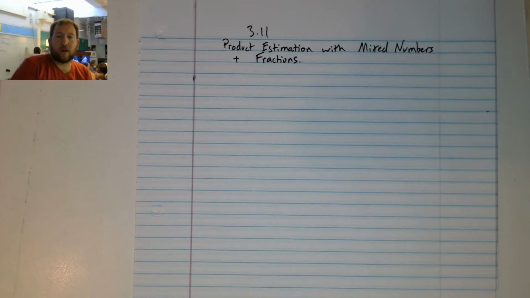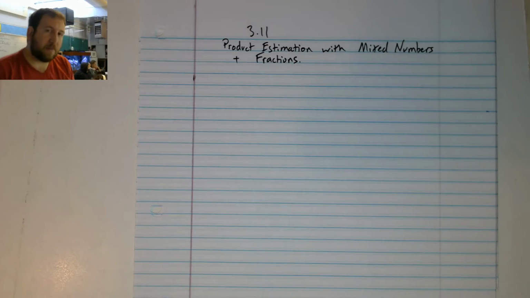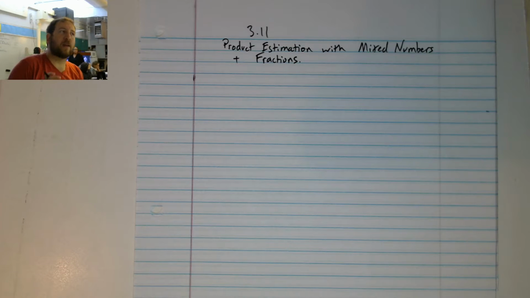All right, so this one is similar to our previous episode where we did fraction multiplication, except we're going to be combining our style of estimating fractions in with this to make it much easier.